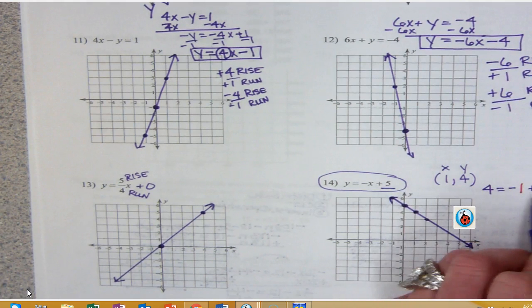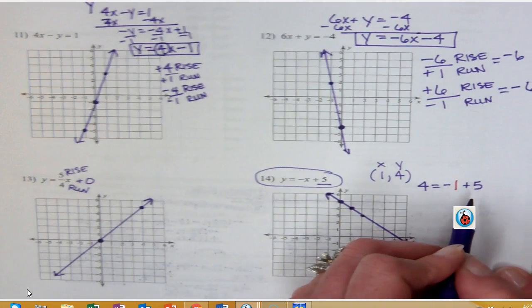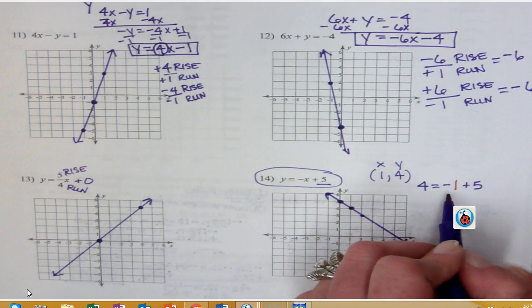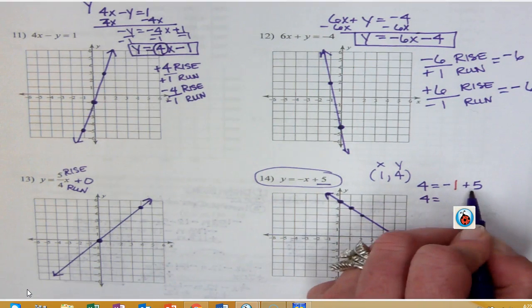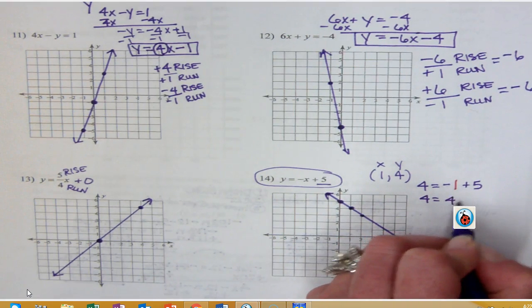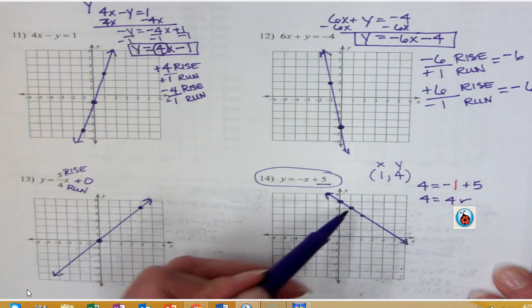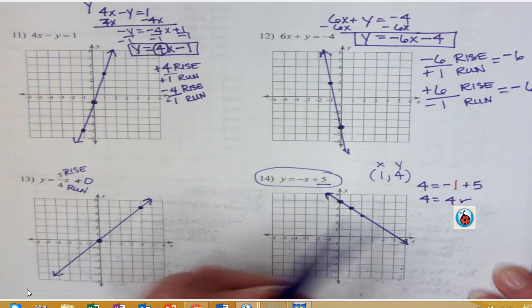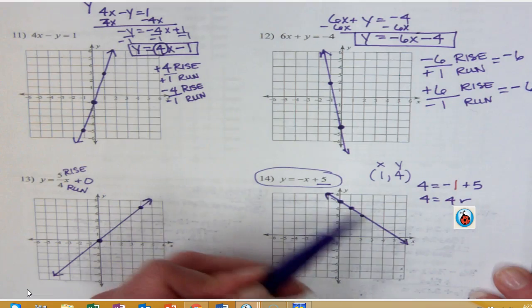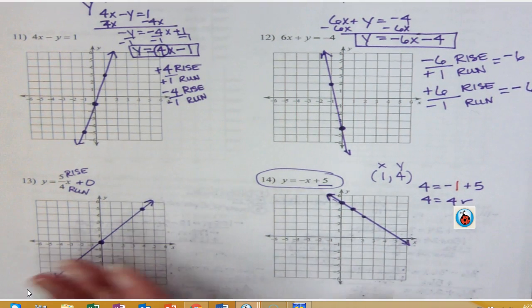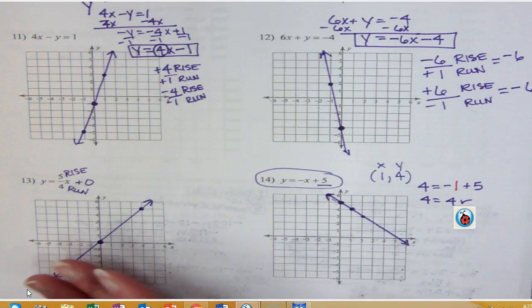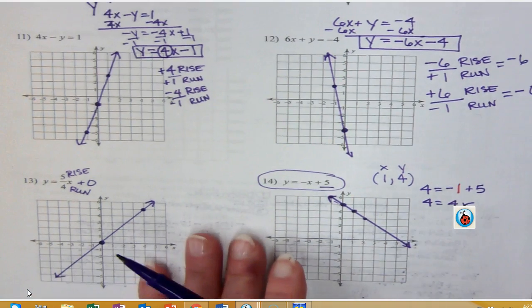Is that actually a true statement? Does 4 equal negative 1 plus 5? Yes, negative 1 plus 5 is going to give me 4. So yes, that works out, which means that point is on my line. You can pick any point on your line and plug it in. That way you can check and make sure you have a correct answer. I'd highly recommend you do that for every problem.